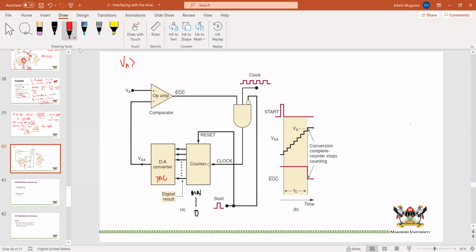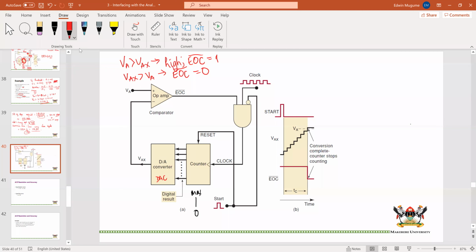When VA is greater than VAX, you have a high out of this comparator, and so EOC will be high, until VAX is greater than VA, then EOC is a 0. We can see that EOC is actually active low.